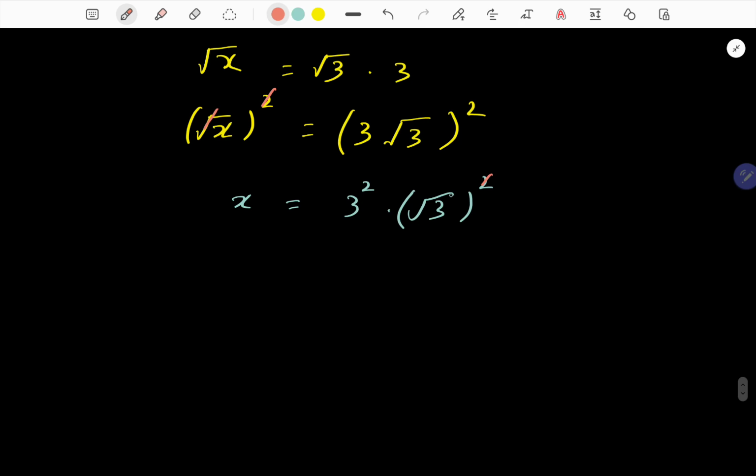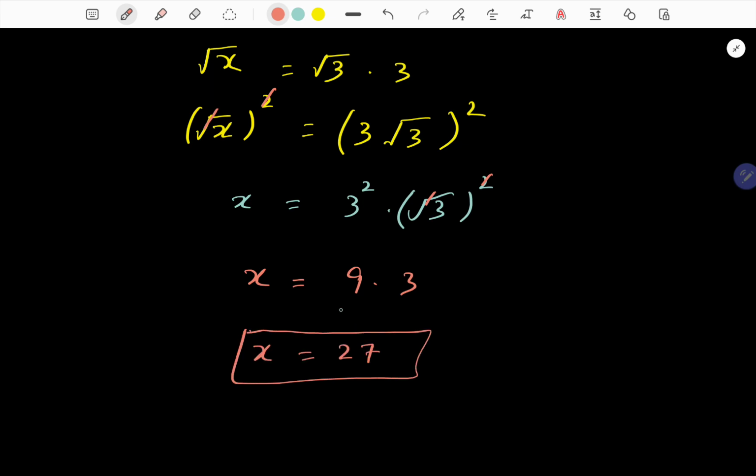Again this square will be cancelled out with square root, so we will get x is equal to 9 times 3, so x is equal to 27, which is the required answer.